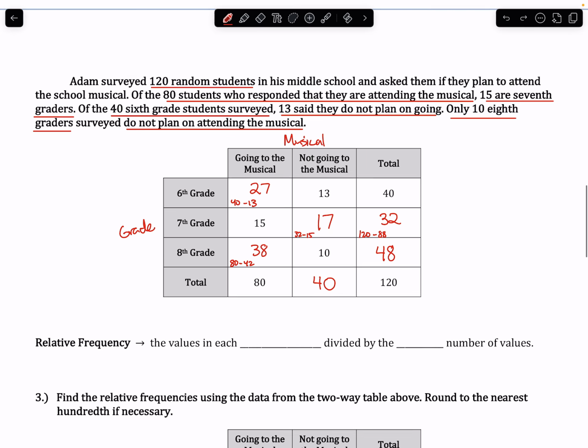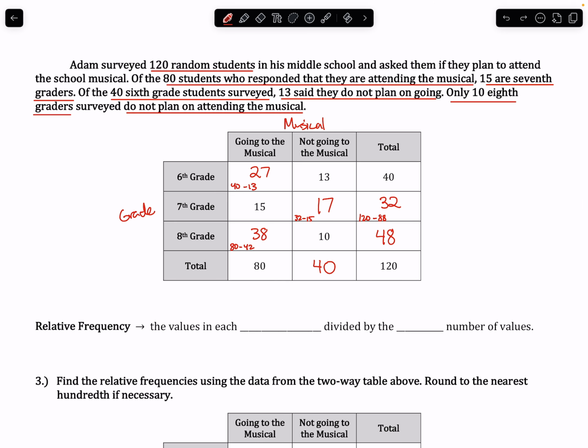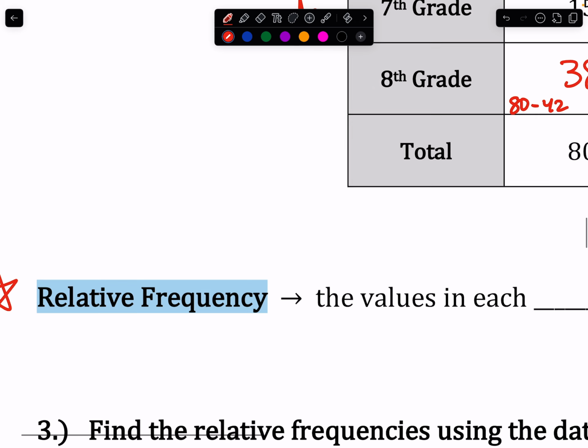Now, all of that is going to help us solve this next part, and our next key vocabulary word here is relative frequency. You need to know this term, be familiar with this term. Remember, frequency by itself just means how many times something happens. Relative frequency means how many times did it happen relative to something else.